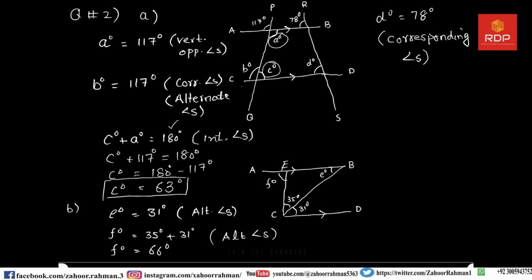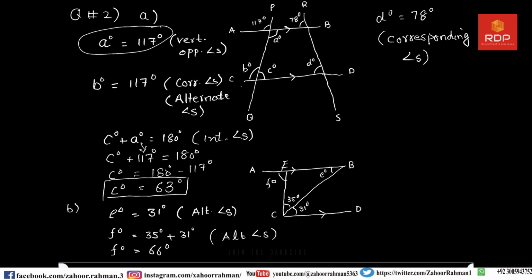So I wrote that A degree plus C degree is equal to 180 degree, because we found the value of A in this case to be 117. So we are putting here the value of A, and that is 117.